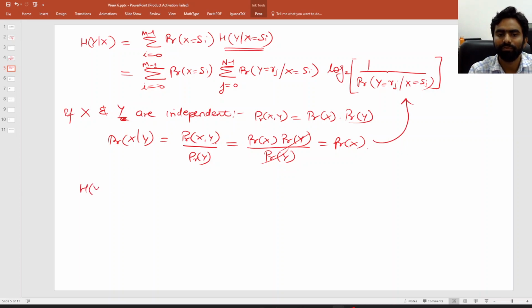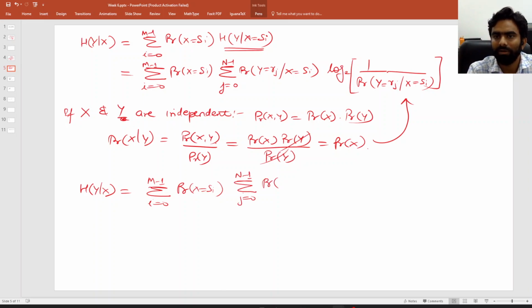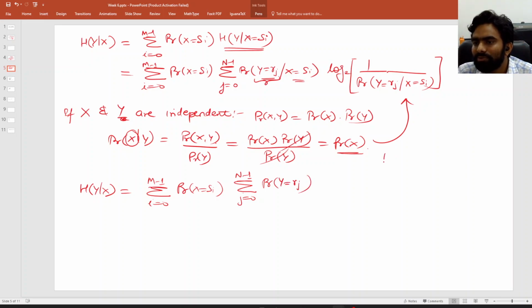We can directly write H of Y given X as the sum over i equal to 0 to n minus 1 of the probability X equals si, times the summation over j. Now the condition on X is gone, so the probability that Y equals rj given X equals si, by using this property, would be equal to the probability that Y equals rj.